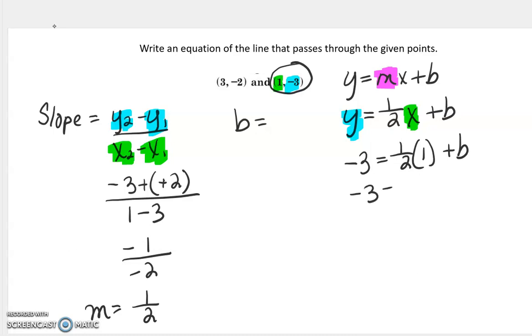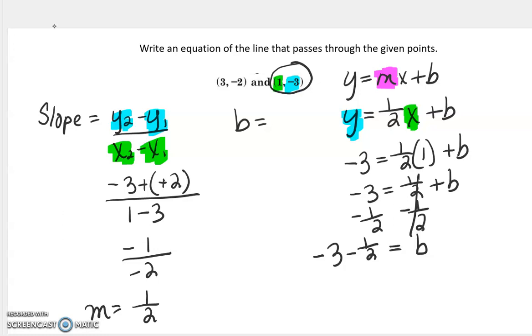Now let's simplify. -3 equals, well, this is just 1/2 plus b. We're going to have to subtract the 1/2. Ooh, this is looking a little tricky. So we have a -3 minus 1/2 equals b. You can use a fraction or a decimal.